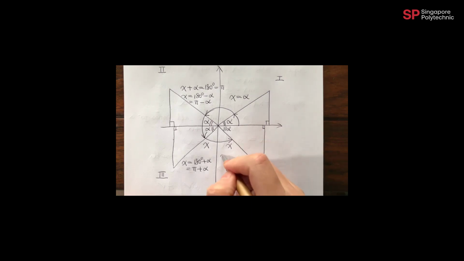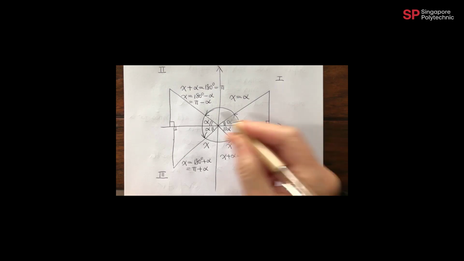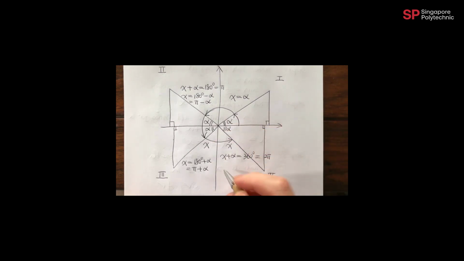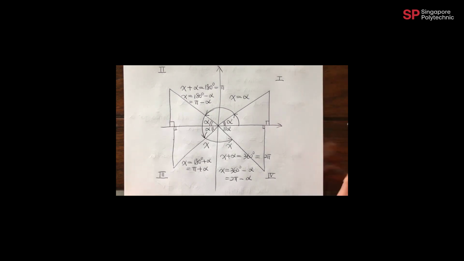So it means that x plus alpha is 360 degree, or in radian is 2 pi, right? That's one full circle. So if I make x the subject, it becomes 360 degree minus alpha, or 2 pi minus alpha. So this is our first butterfly diagram. That is to represent our x rotating in anti-clockwise direction for one full cycle.